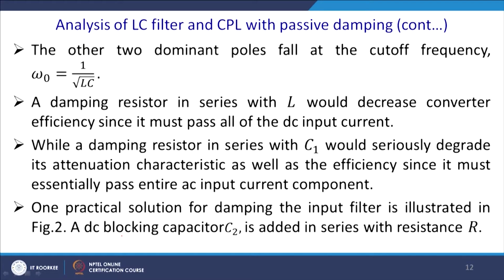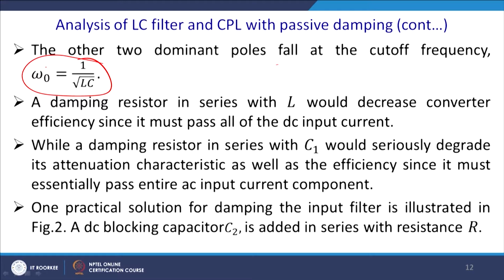Please refer back to figure number 2. The other two dominant poles will be at the cutoff frequency, that is the natural frequency of oscillation of this filter, that is 1 by under root of L C.